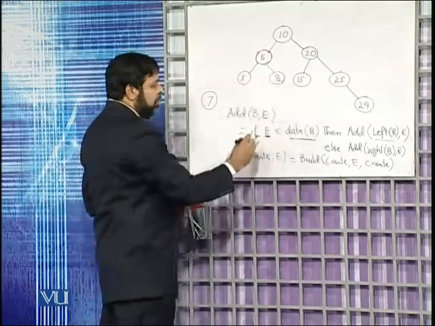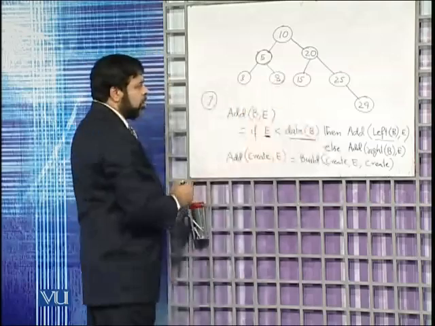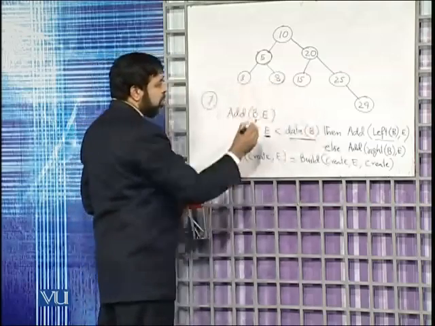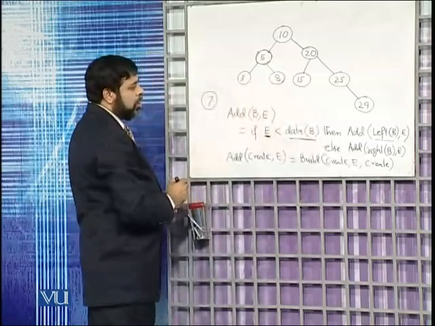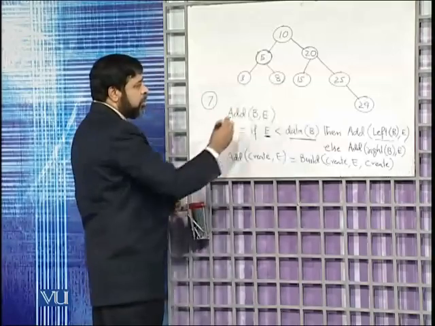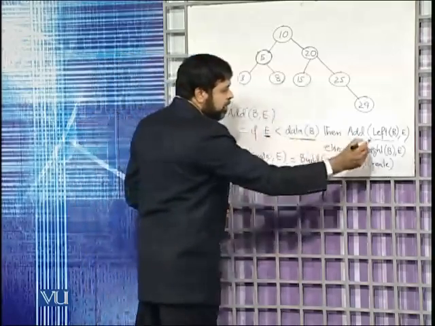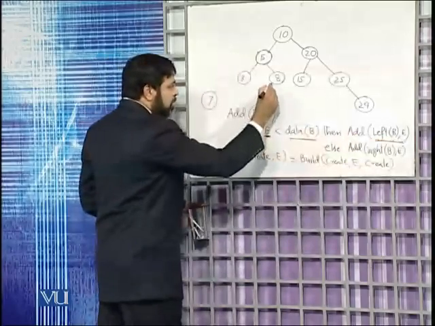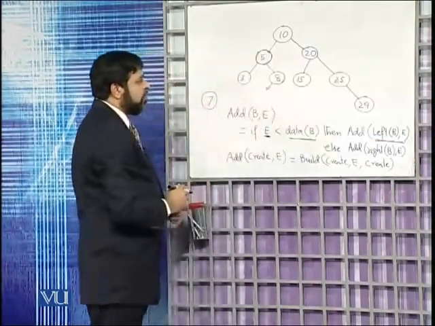When I come here, once again, I compare the 7 with the data here, since it is to be added on the left. So it says add to the left of B. So I will be adding this onto the left of B.